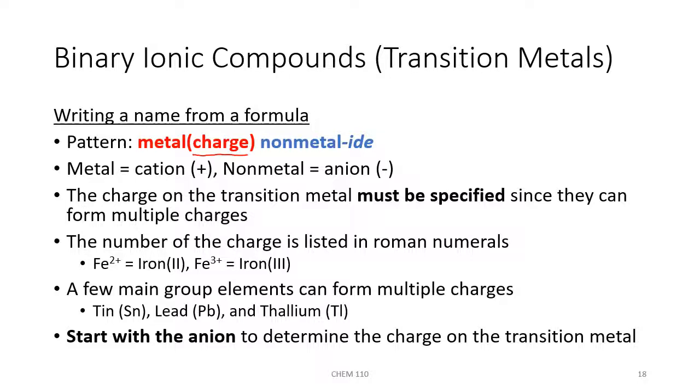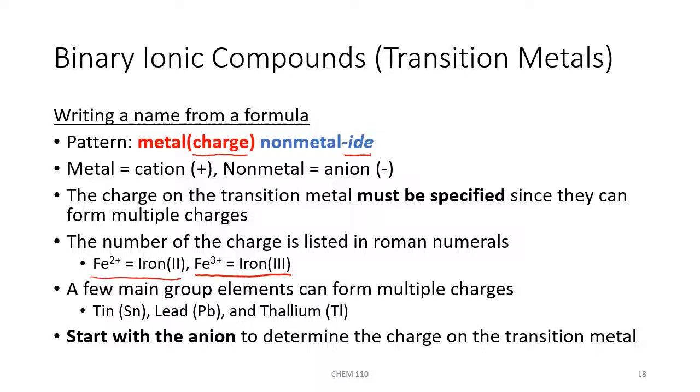We still second write the nonmetal and change the suffix to "ide." So for example, iron we said formed two charges. Fe2+ is named the iron(II) ion, with 2 written in Roman numerals in the parentheses. Fe3+ represents the iron(III) ion. 3 is written in Roman numerals in parentheses. We can do this for any ion that forms multiple charges.